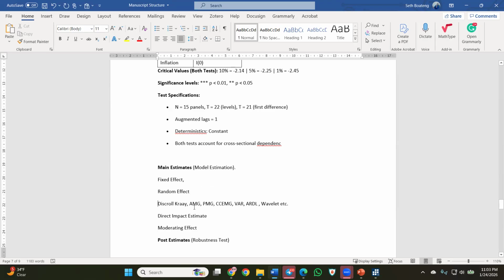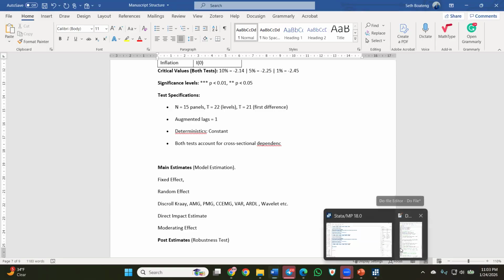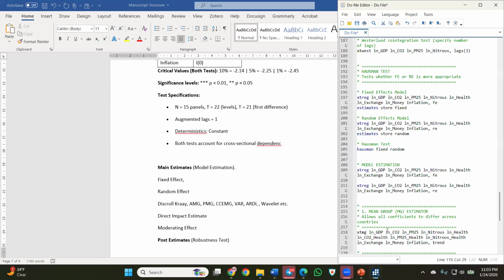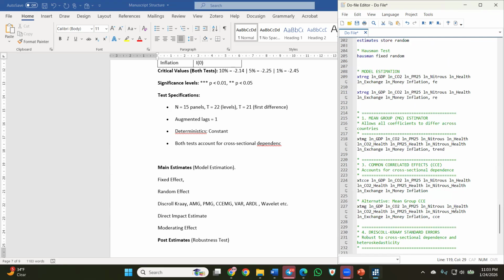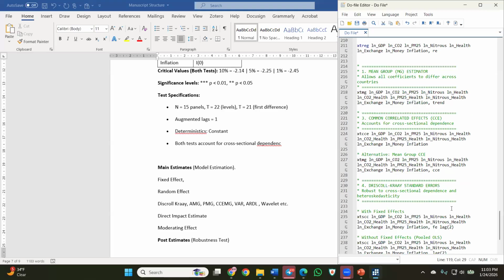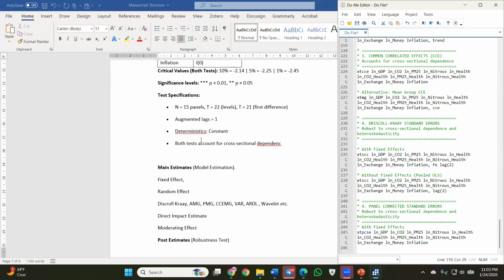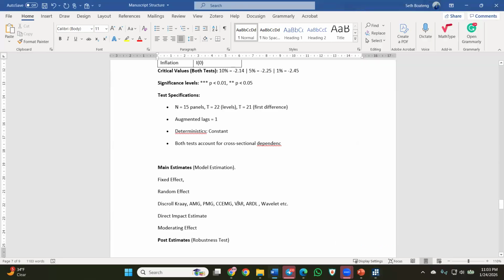So let's see. We have the mean group, common correlated effects, Driscoll-Kraay, PCSE. Some of the models should be a full lecture on their own, so we will not treat them today, because it's a full work on its own.